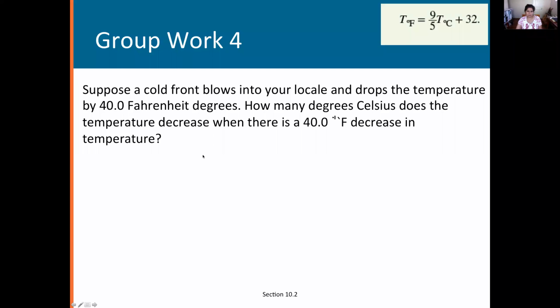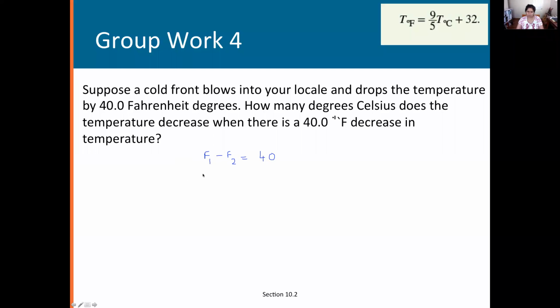The best way of doing this maybe is to find your, you have two temperatures, F1 and F2, and you know that F1 minus F2 is going to be 40 degrees in Fahrenheit. And you want to now convert F1 to centigrade, right?